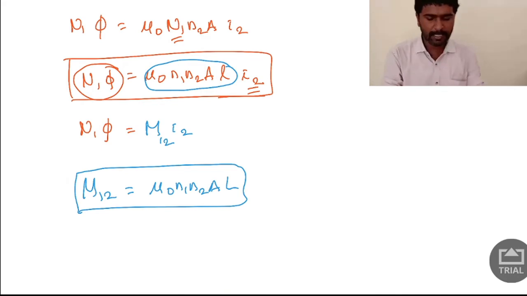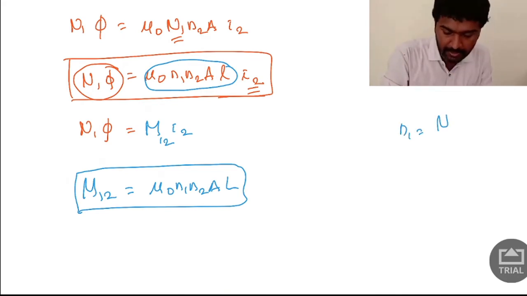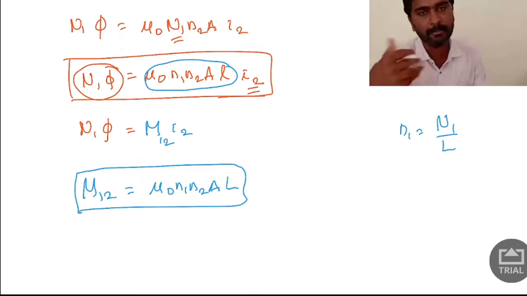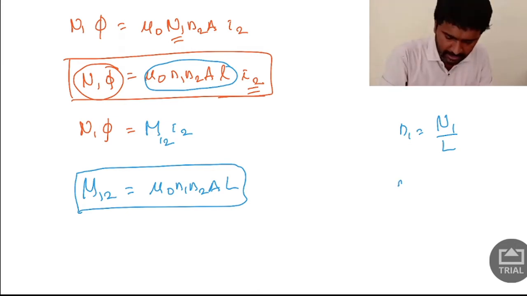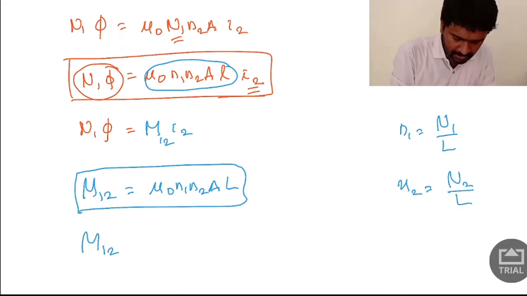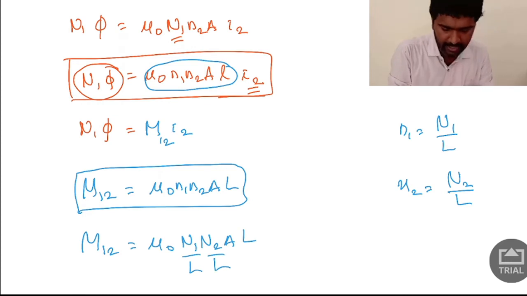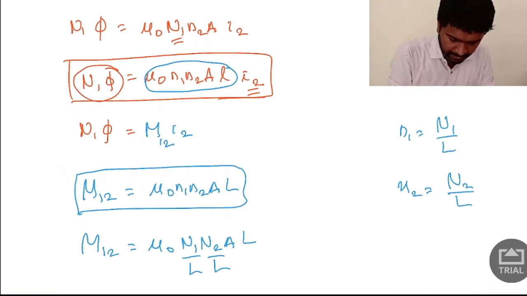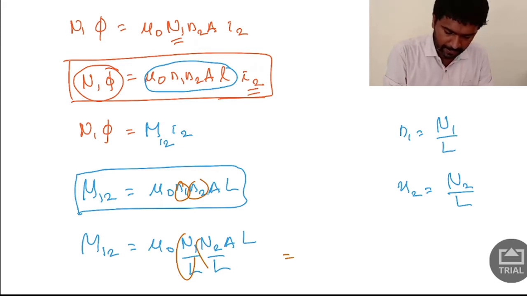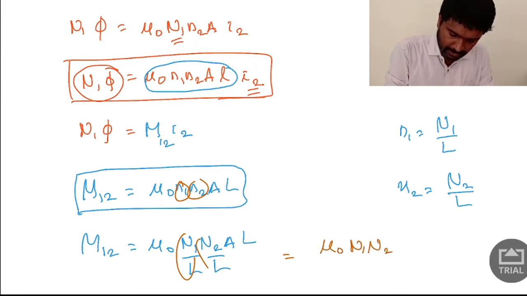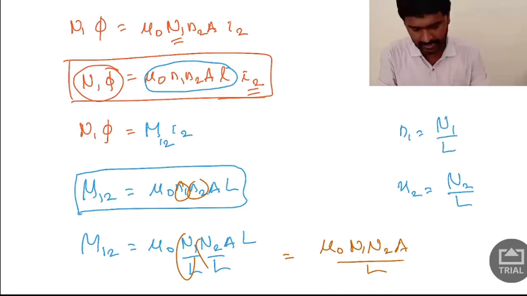You can even modify these equations, because n1 equals N1 by L, since n1 is the number of turns per unit length, and similarly n2 can also be written as N2 by L. So you can write mu 0 N1 N2 A L, with one by L and another by L. So now that is mu 0 N1 N2 A by L. This is also a correct equation.